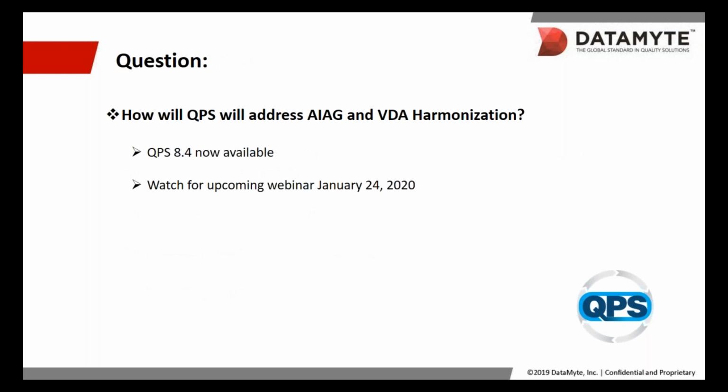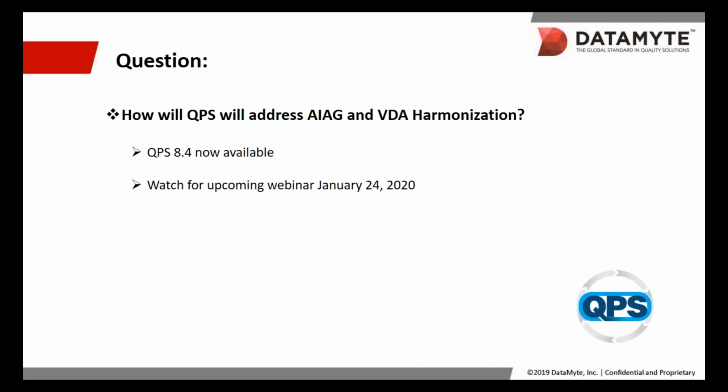So again, I wanted to talk about this because I know that many of you are asking about this. We've got a number of calls coming into tech support as to when we will have this new release. The release is now available, and coming up on January 24th, we are going to have an additional webinar that will focus just on our Quality Planning Studio and the addressing of the AIAG-VDA harmonization standard.